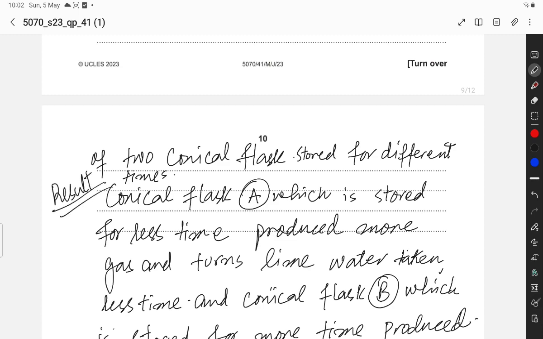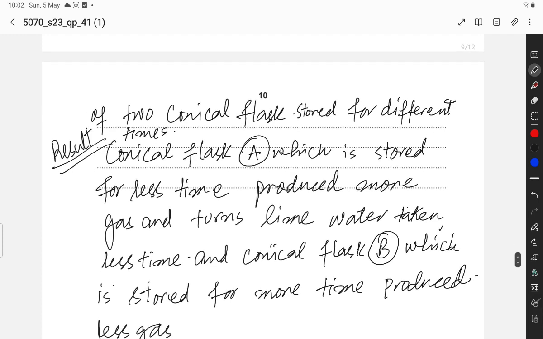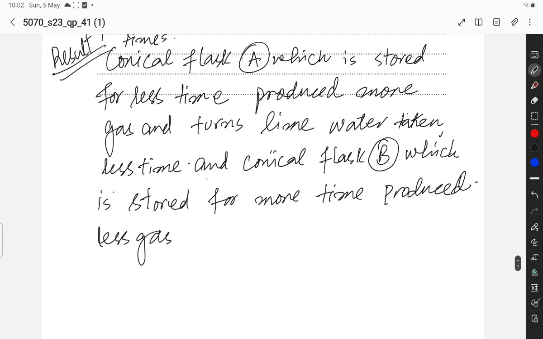after measuring the gas, conical flask A, which is stored for less time, produced more gas and turned lime water milky taking less time.